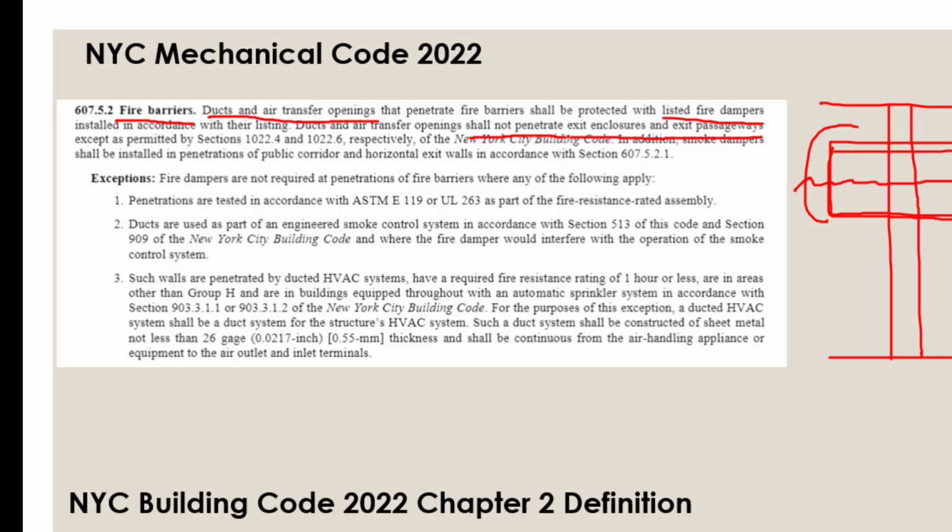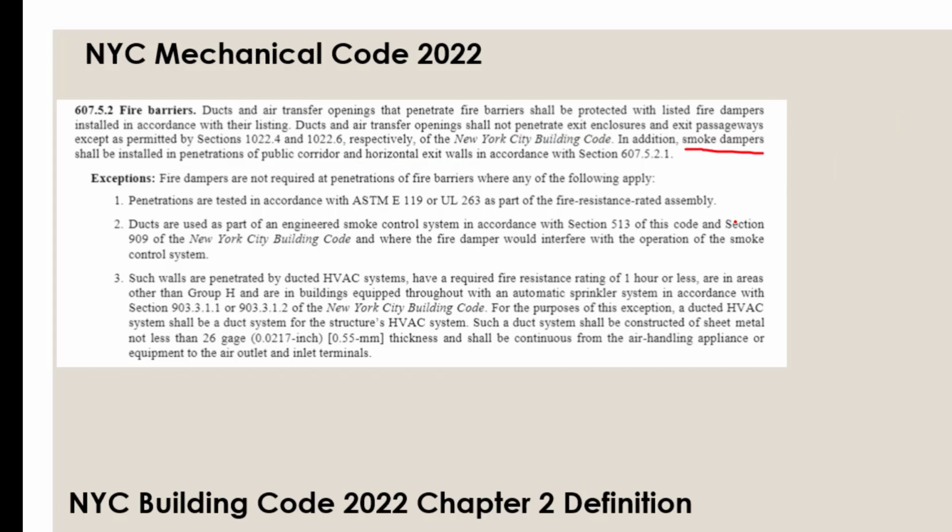And also, if a duct or an air transfer opening penetrates a public corridor and horizontal exit wall, you also need a smoke damper listed here. Now, they also have some exceptions that are listed in this section here.